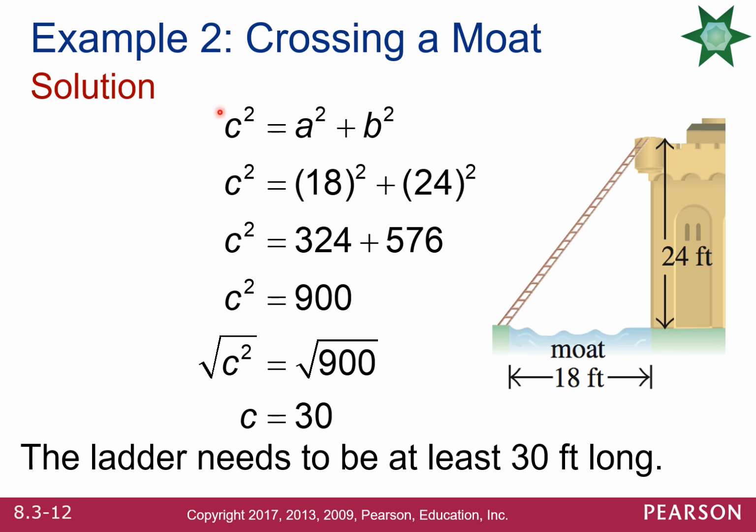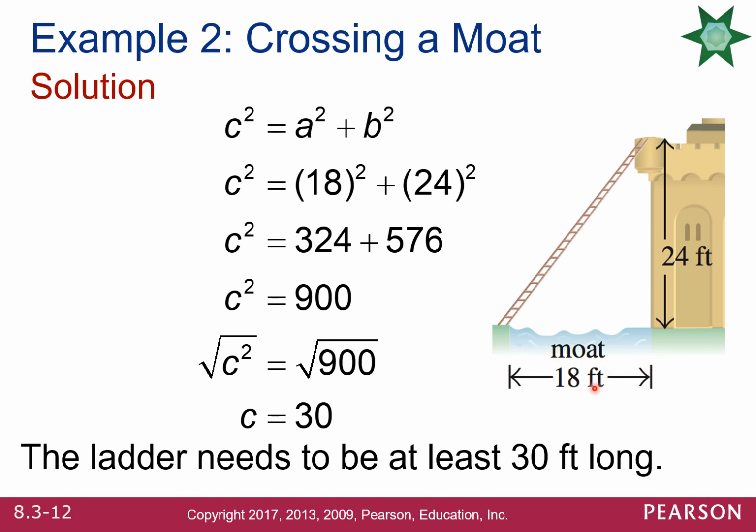So here, let's look at the solution again. They set up the problem as a Pythagorean theorem. So c squared equals a squared plus b squared. That's the Pythagorean theorem. So 18 is the length of the moat.